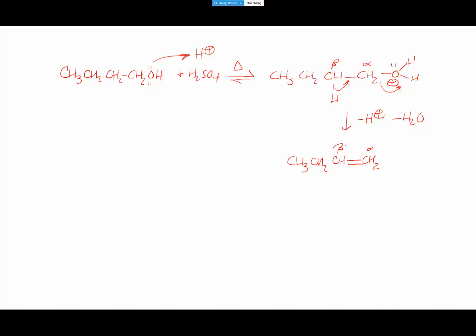In this case, there is only one beta carbon, so that's where the double bond has to go. So that's probably the next question you would want to ask, would be what would the transition state look like.